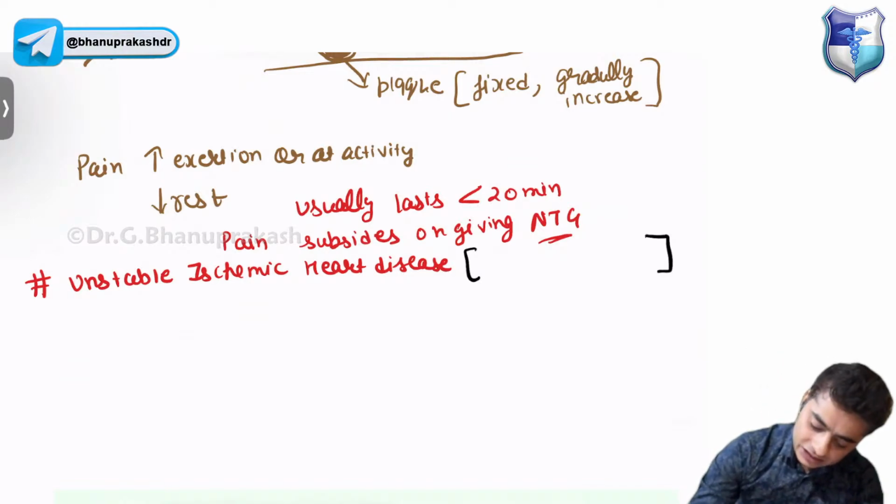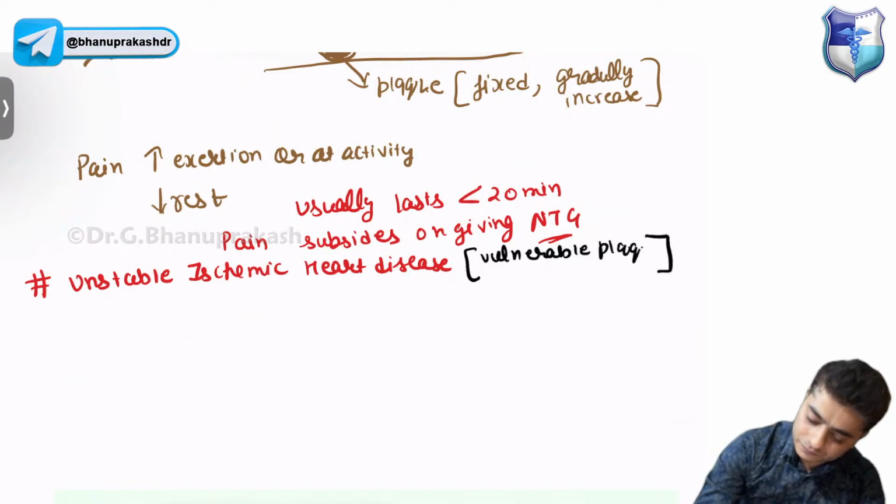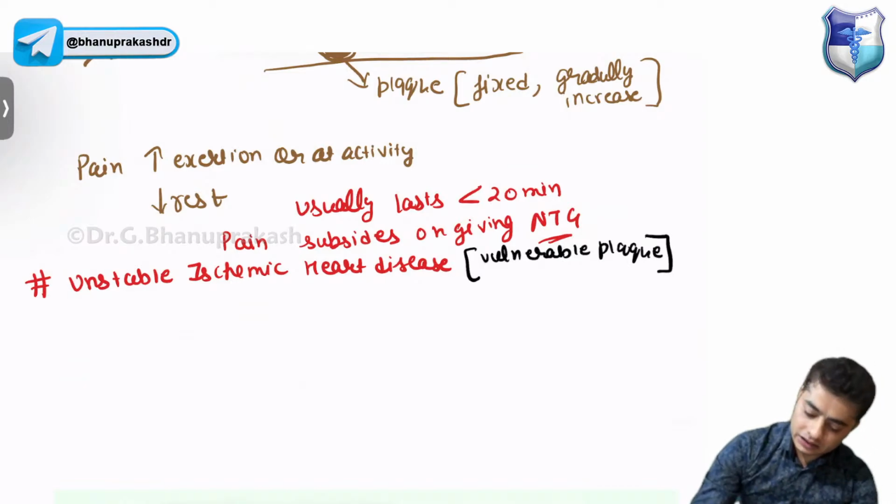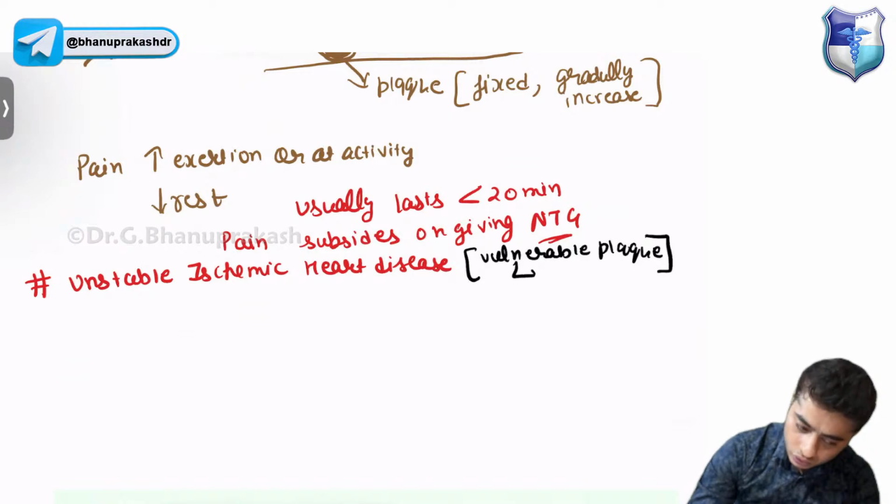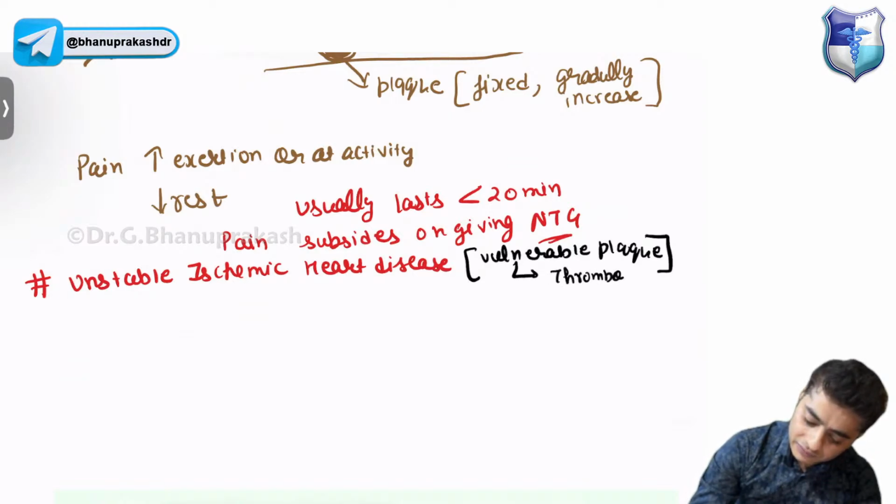So in unstable angina, there is vulnerable plaque. This vulnerable plaque leads to thrombosis.